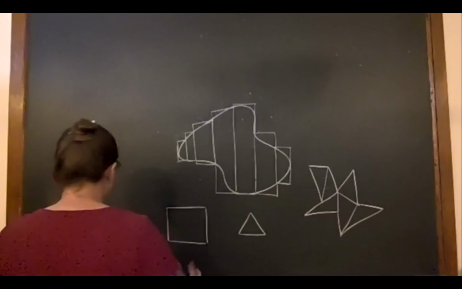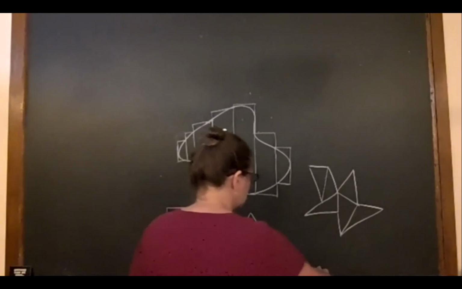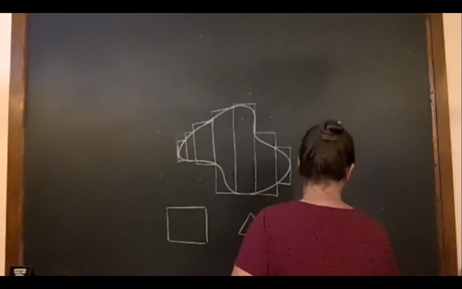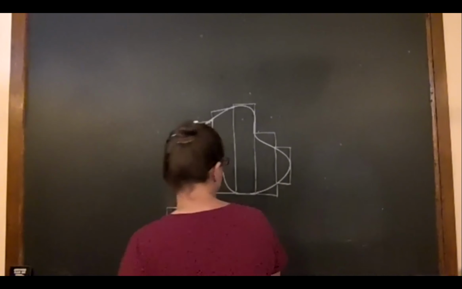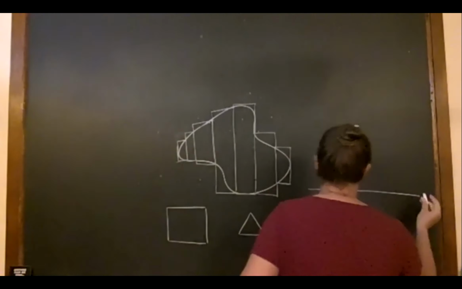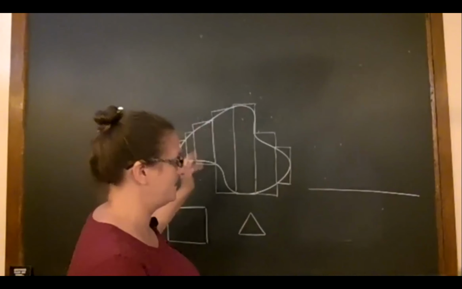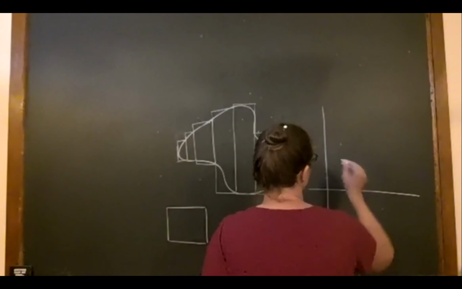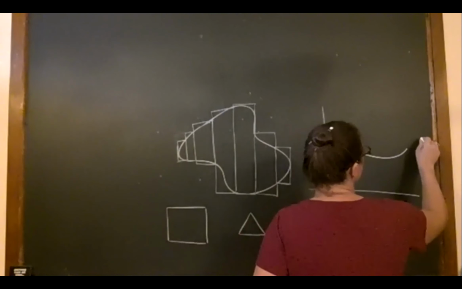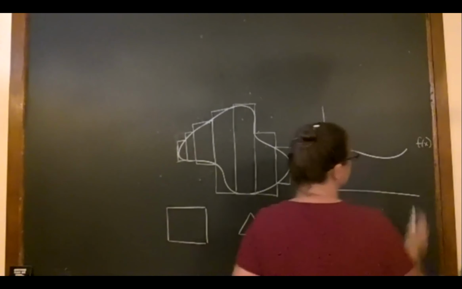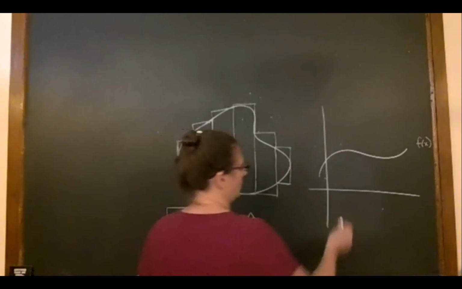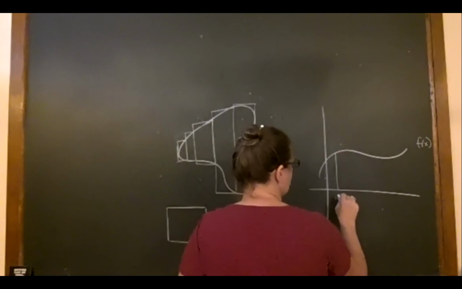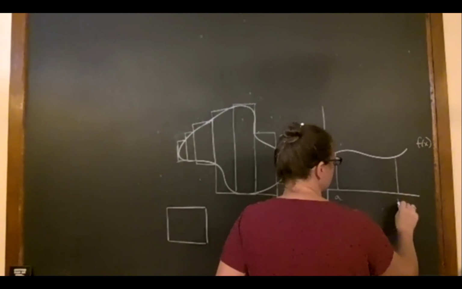So really, to make it a little bit nicer, instead of just this weird shape that I don't even know what it is, let's use some function. Let's say we know what the function is. And we're going to go from a to b.